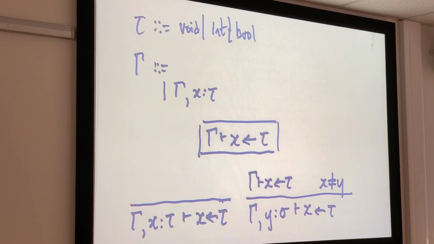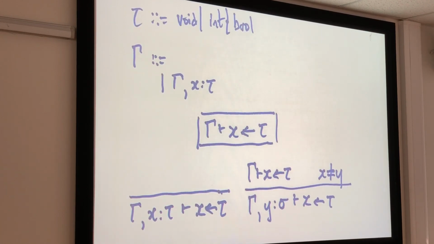Everybody fine with that? So we've just explained the scoping rules for imp, right? Remember, in imp, you can have lots of variables with the same name, because new allows you to introduce new variables with the same name as old variables, and the rule is that the most local one wins. And we have just written down more formally, the most local one wins.